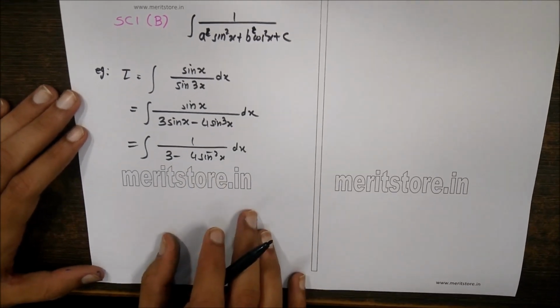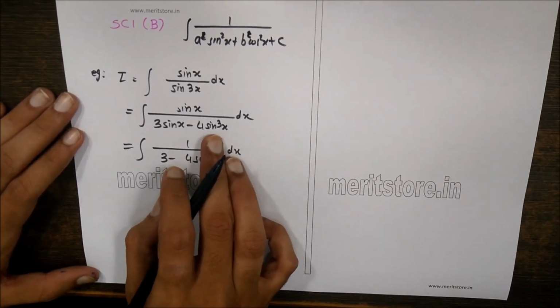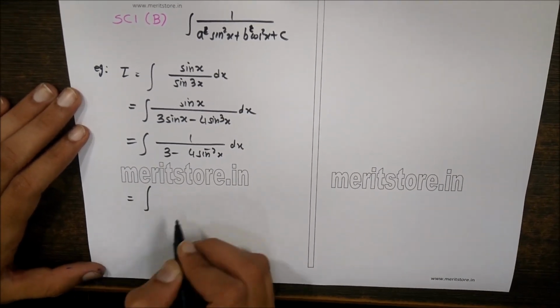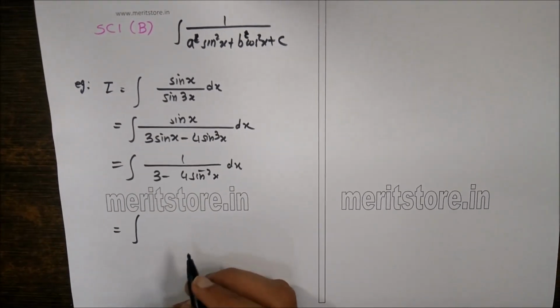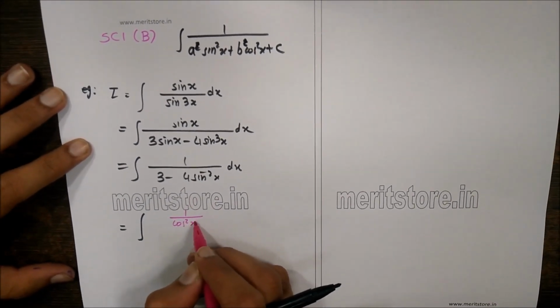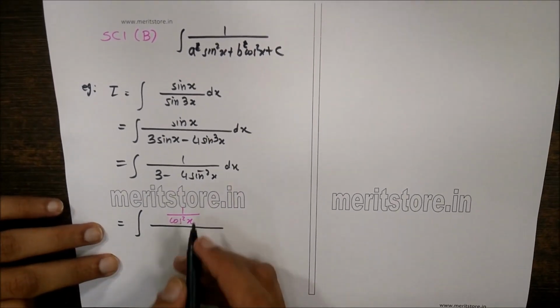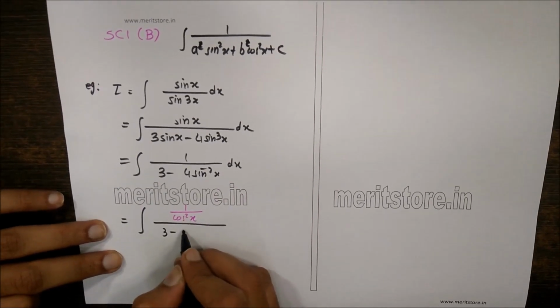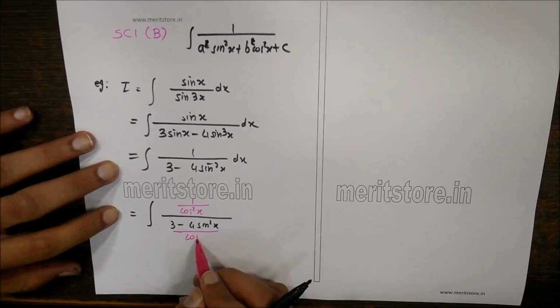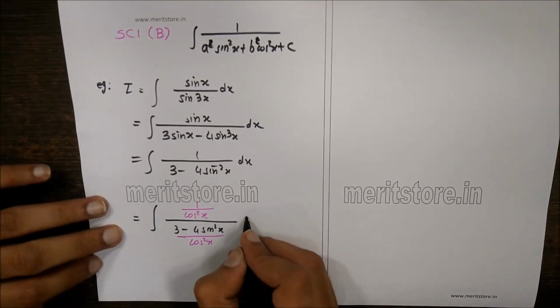Observe, it now goes to the sine cosine B category. The step to be followed is to divide the numerator and denominator by cos square x, so we have 1 upon cos square x divided by 3 minus 4 sine square x, the whole division by cos square x. This is to be followed always.